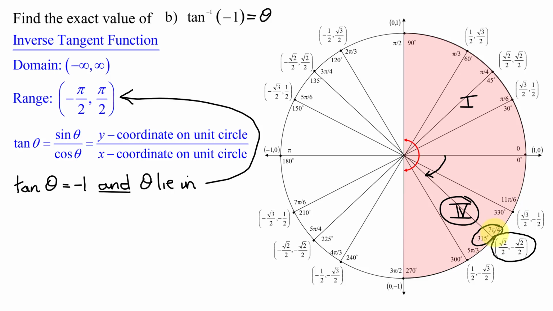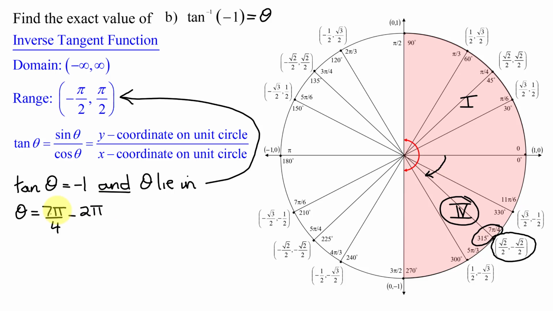After a while, you'll be able to figure that out in your head, what that negative angle is. But to start with, the simplest thing to do is to say that theta equals 7 pi over 4, and then just subtract 1 complete revolution of 2 pi radians.